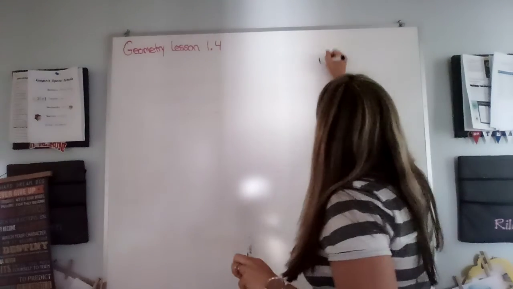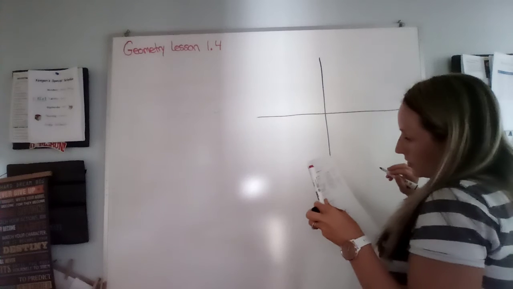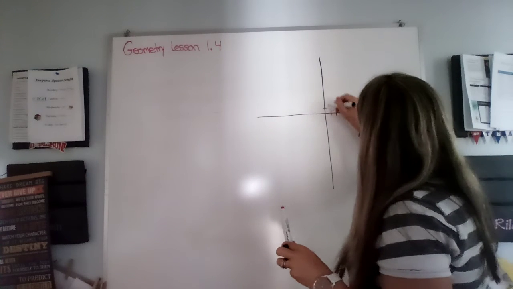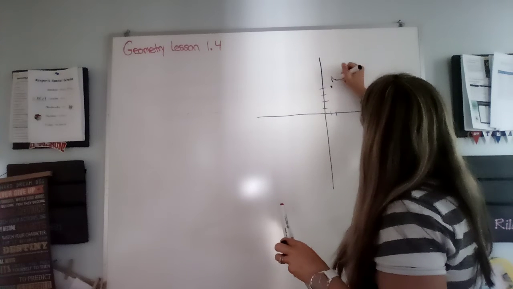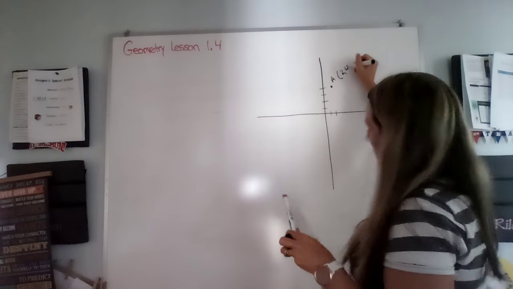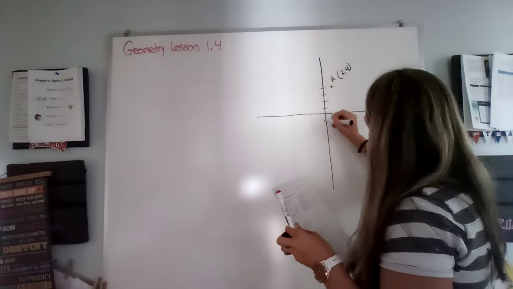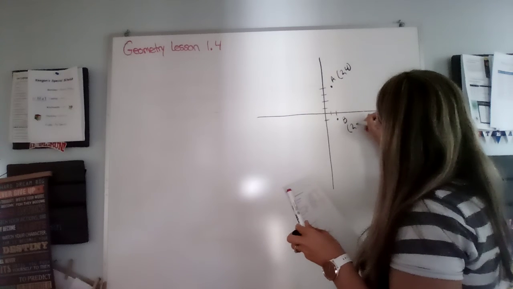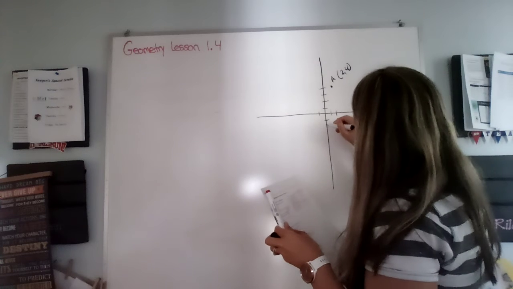So I'm going to draw a quadrilateral in a coordinate plane. Point A is at 2, 4. Point B is at 2, negative 1. Point C is at negative 1, negative 5.